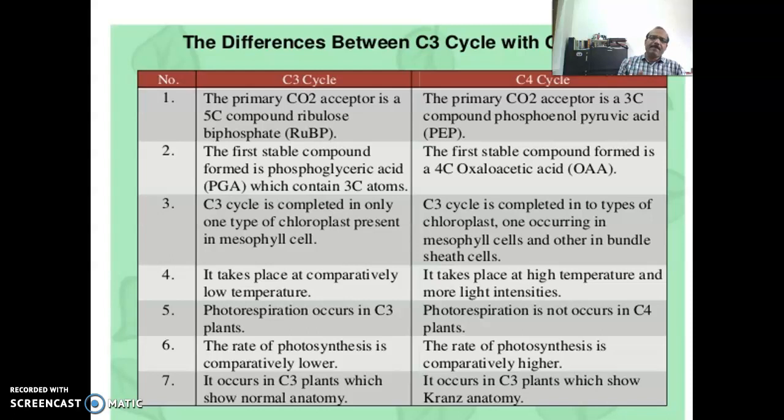But in the advanced level, for your examination based on the marks and the question standard, you can add this answer. First, in the case of C3 cycle, the primary carbon dioxide acceptor is a 5-carbon compound ribulose bisphosphate. In C4, the primary carbon dioxide acceptor is a 3-carbon compound phosphoenol pyruvic acid.